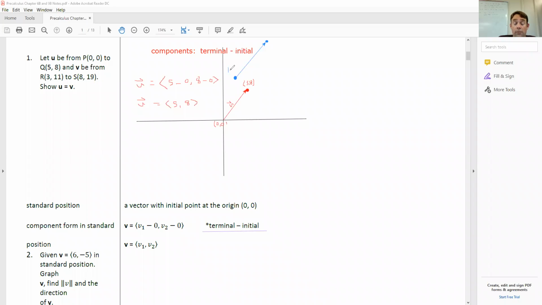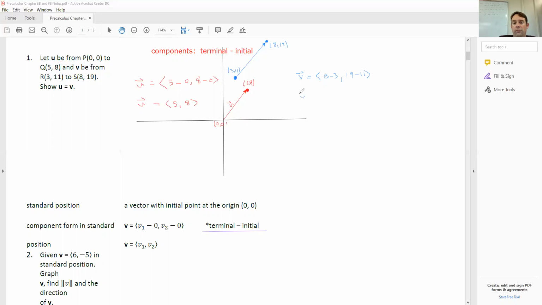So we have (3, 11). That's my initial point, and it terminates at my terminal point (8, 19). So I'm going to write it in its component form. So vector v is going to be the terminal x, 8, minus the initial x, 3, and the terminal y, 19, minus the initial y, 11.